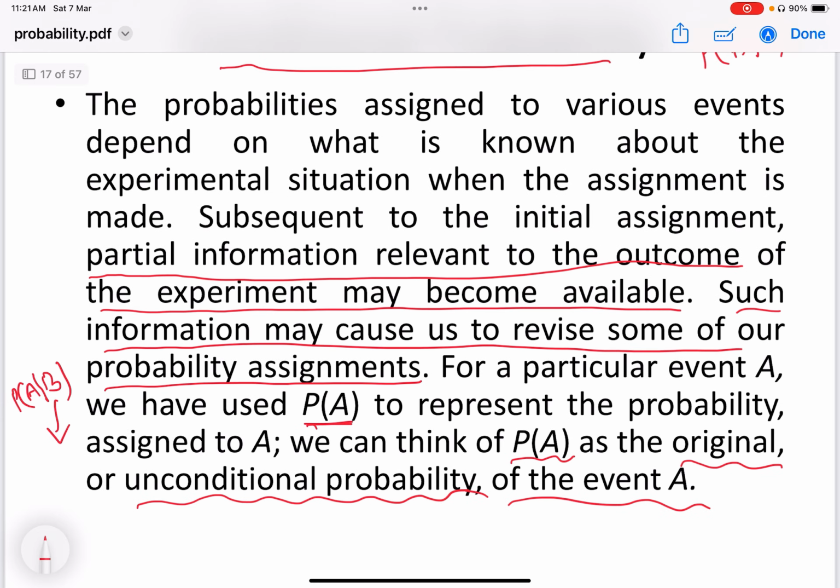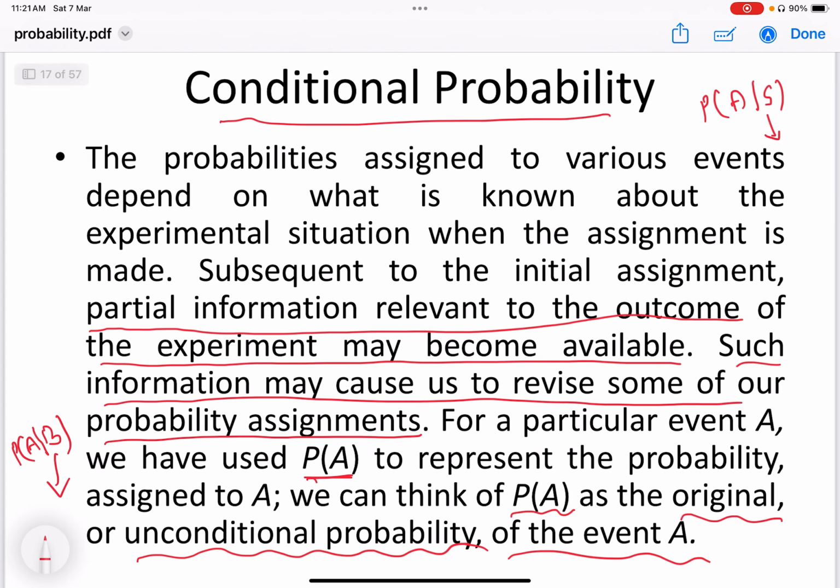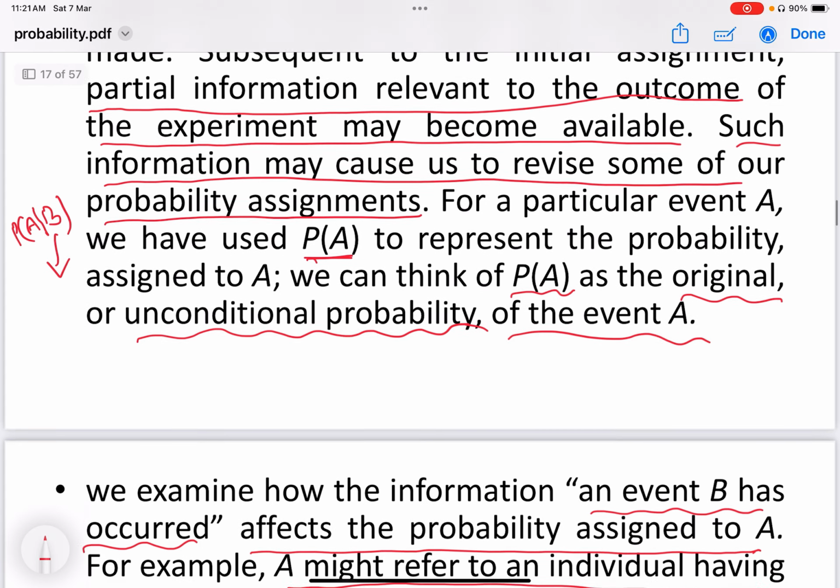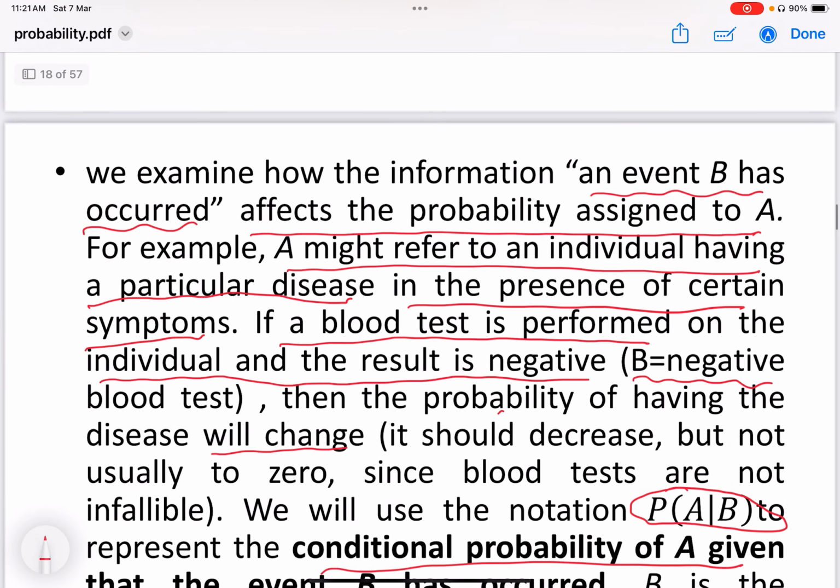So for a particular event A, we use the P of A to represent the probability assigned to A. Now we think of P of A as the probability where we consider the whole sample space. Now suppose some event B has already occurred, then it affects the probability of A. A very good example is a blood test.